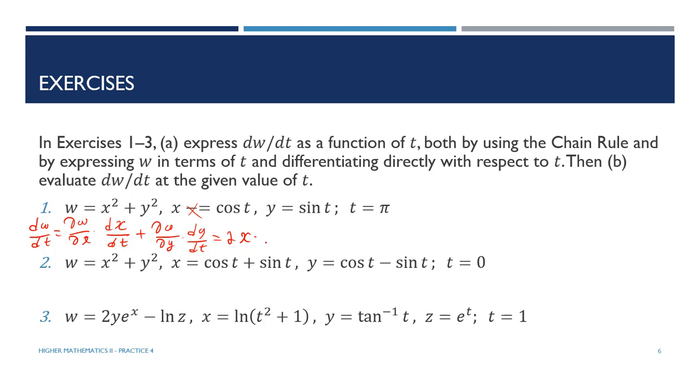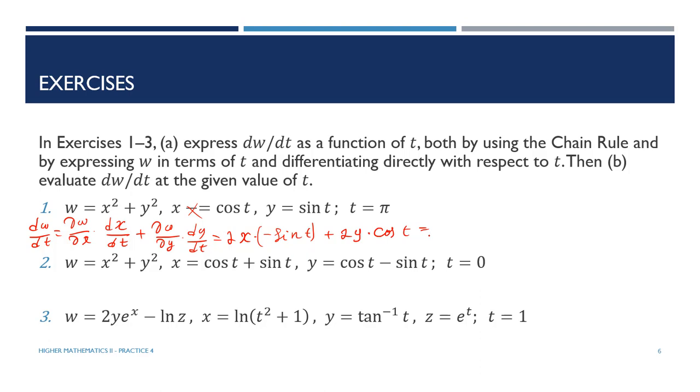The derivative of x, which is cosine, the derivative of cosine is negative sine, okay. Negative sine of t, then plus the derivative of w with respect to y gives me 2 times y times the derivative of sine with respect to t, which gives me cosine of t.